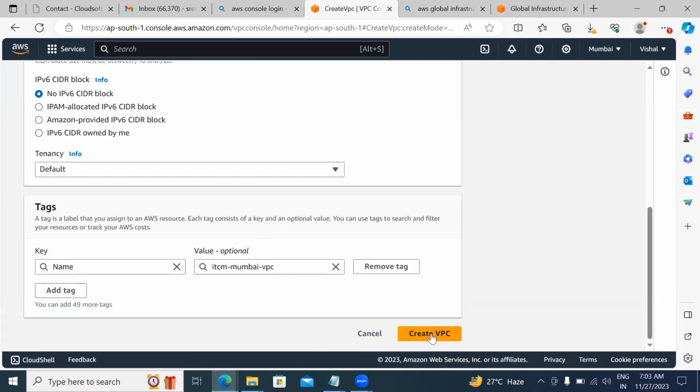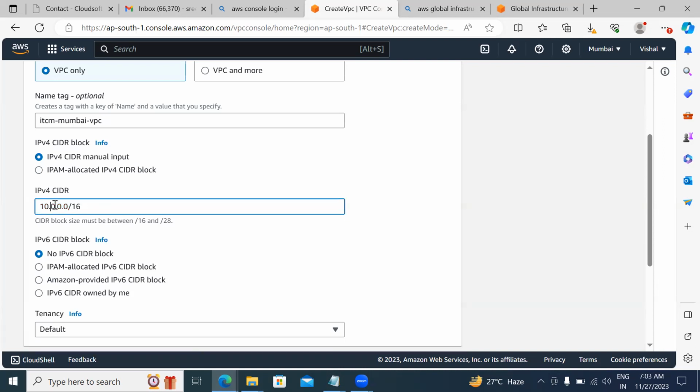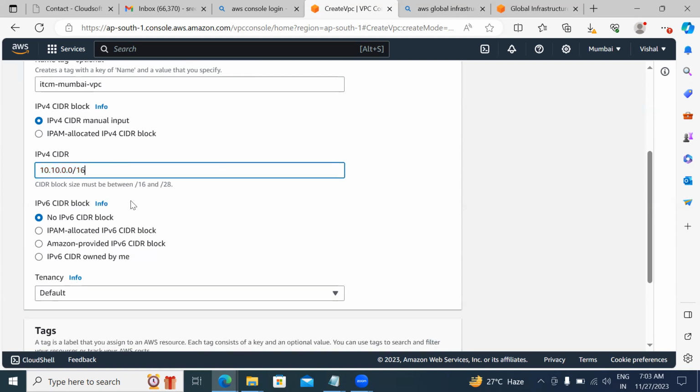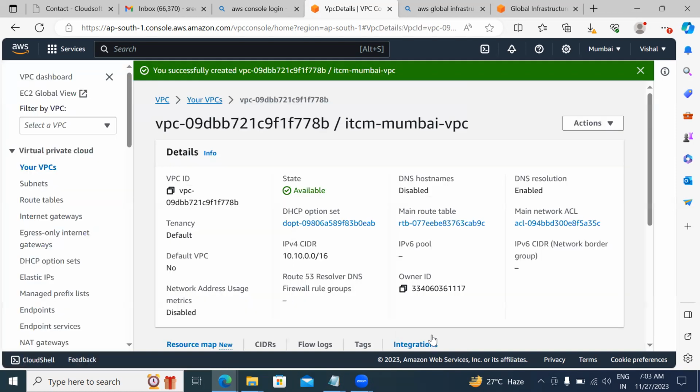Okay, only IPv4 we are creating. Remove the space and remove the space. We're creating the CIDR block here.